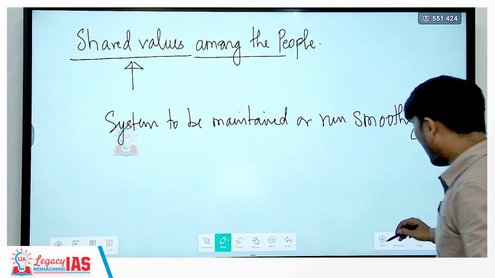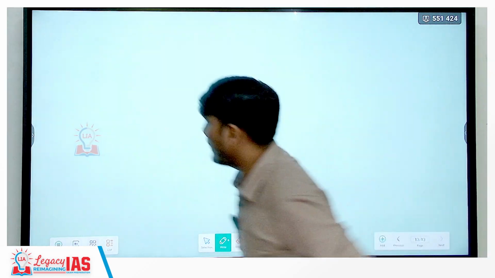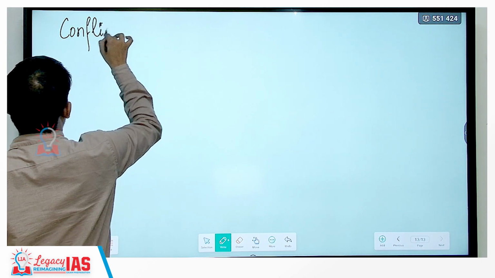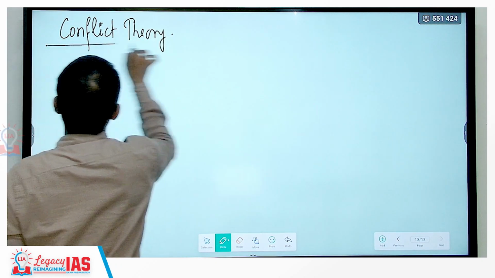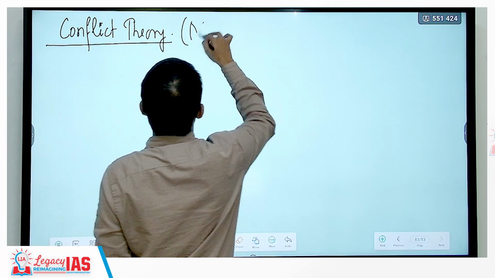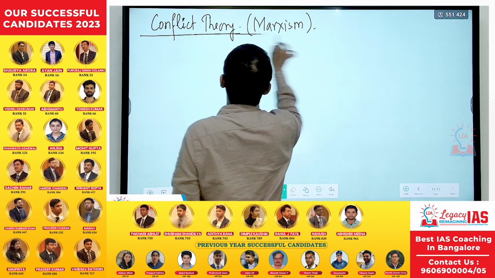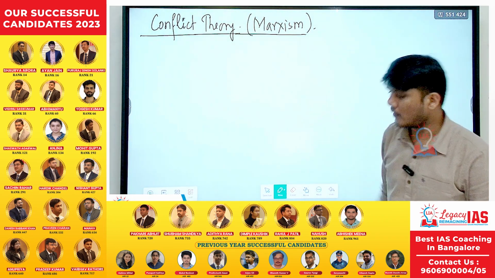Now, a completely dialectic, meaning opposing, view is given by the conflict theory, and under this we will be looking at Marxism, which is a conflict theory.